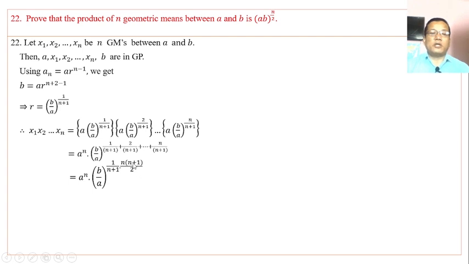The n plus 1 cancels, leaving n by 2. So a power n times b by a to the power n by 2 gives a power n by 2 times b power n by 2. With the base common, the product is ab whole power n by 2. Hence proved.